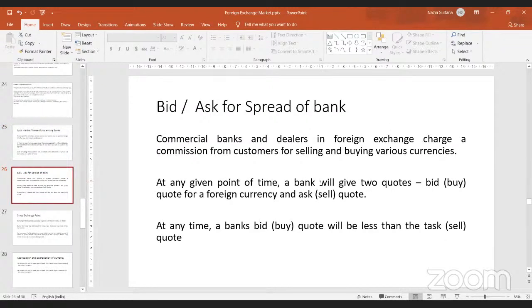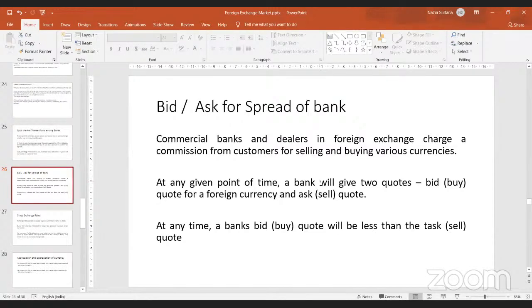Here a bank will give two quotations for the foreign currency: a buy quote and a sell quote. When you are quoting something to buy, that is called a bid. When you are quoting something to sell, that is called an ask. These are the terms used in the forex market.